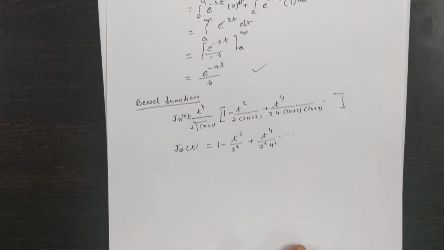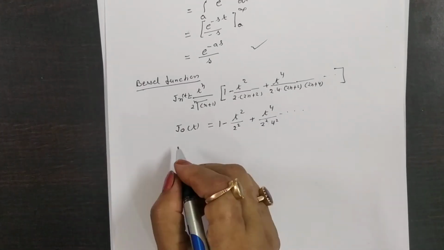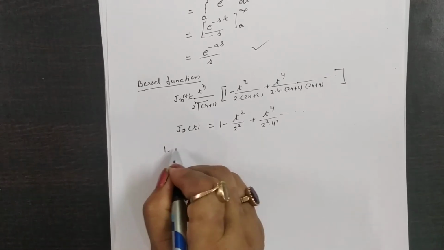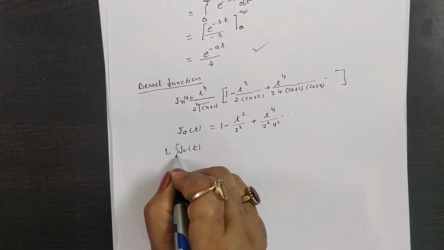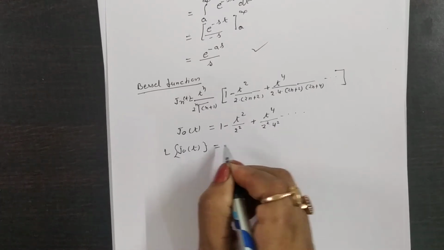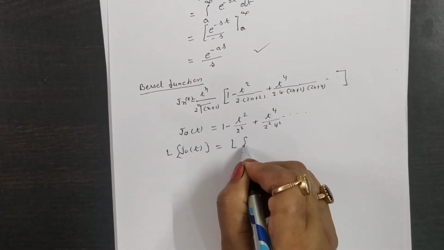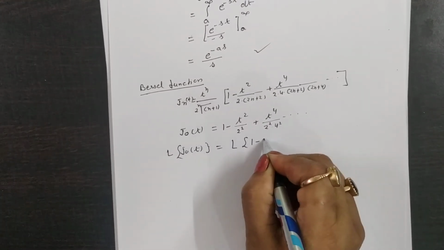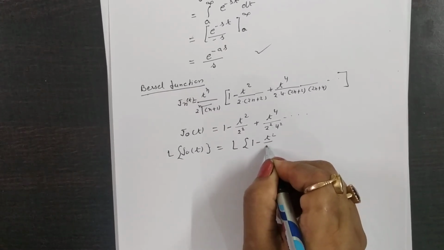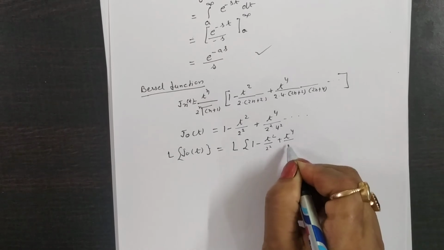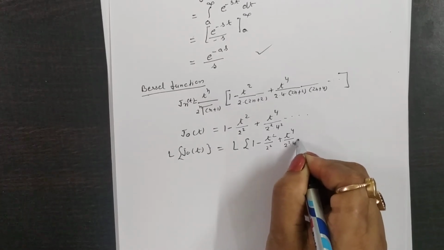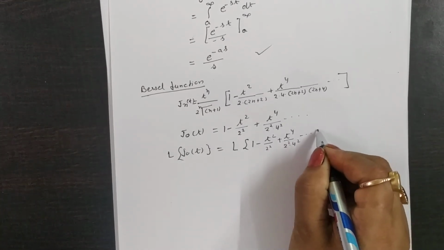Now we are applying the Laplace on both sides, that is, Laplace of J0(t) is the Laplace of 1 minus t square by 2 square plus t to the power 4 by 2 square, 4 square, and so on.